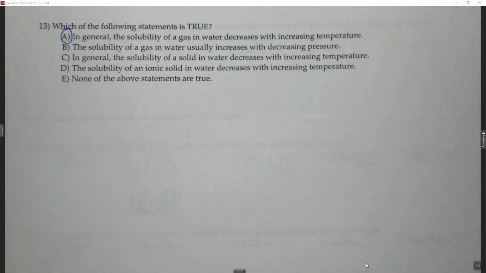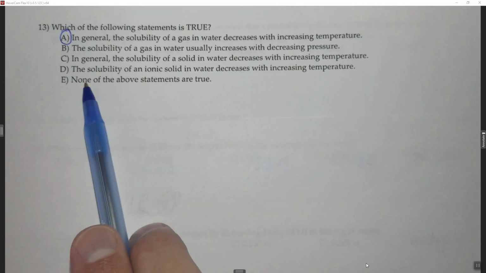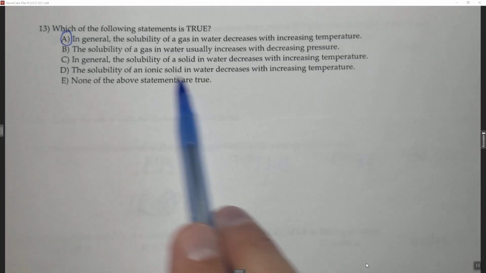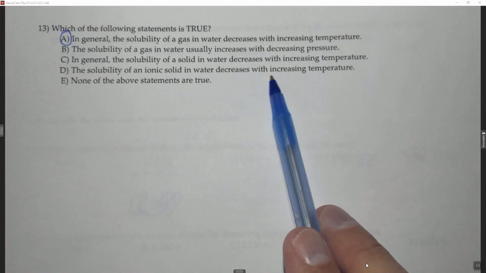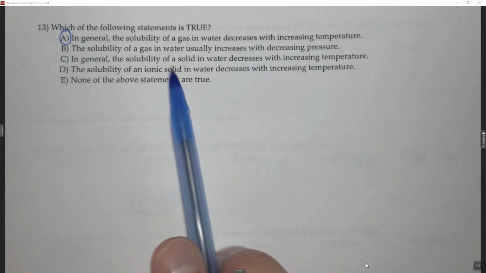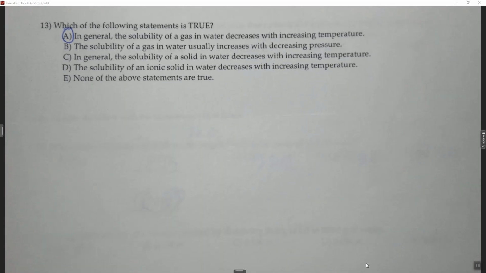But the solubility of a solid generally increases with increasing temperature. There's also some words, like the solubility of an ionic solid in water decreases with increasing temperature. Again, the solid tends to be more soluble at higher temperatures. Gases tend to be less soluble.